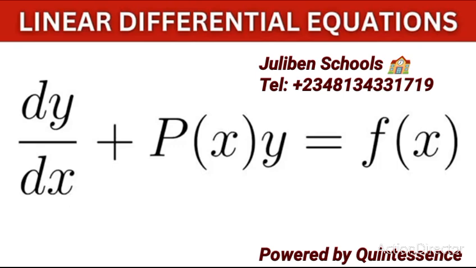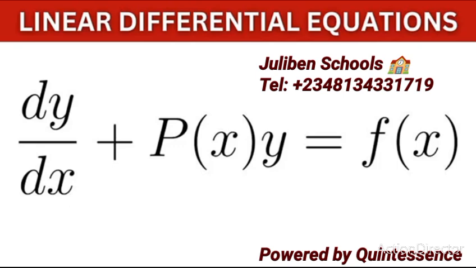That's step 2. Then step 3, assume z to be equal to y raised to power 1 minus n and differentiate. If you let z equal y raised to power 1 minus n, differentiate that with respect to x. I emphasize it: you are differentiating with respect to x.